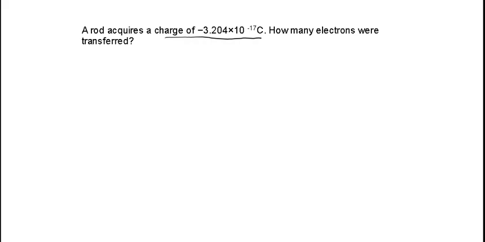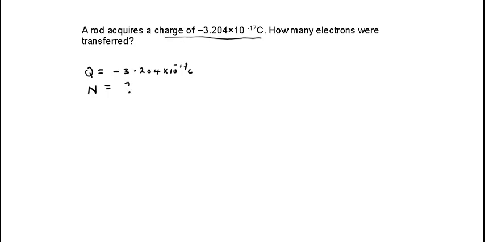So here the first parameter is the charge, which is Q, and the value is negative 3.204 multiplied by 10 raised to the power negative 17 coulombs. The question is now asking how many electrons were transferred. That means it's talking about the number of electrons. So that is what we are going to find.